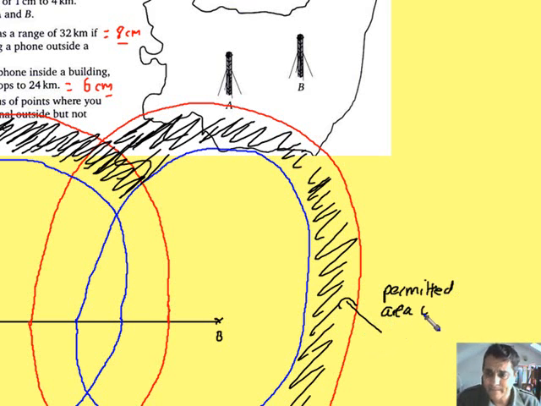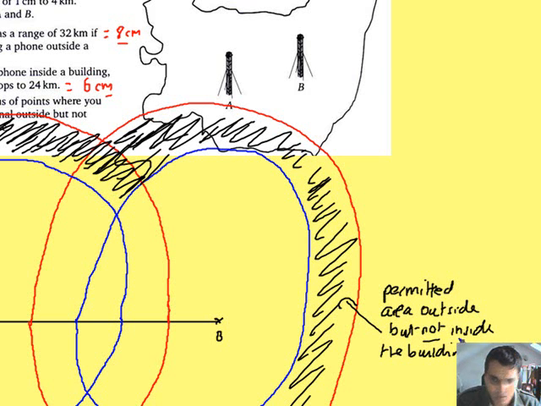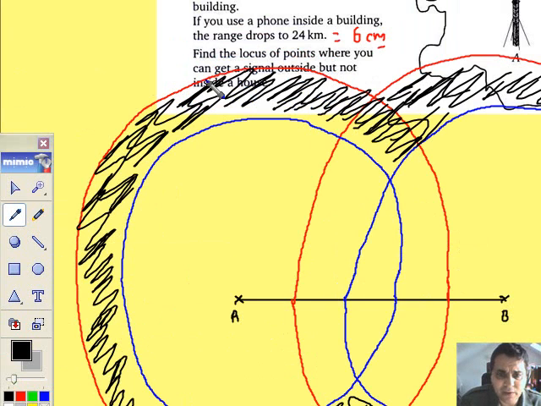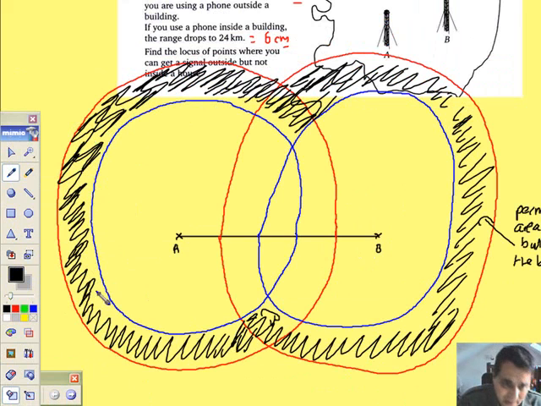So permitted area outside, but not inside the building. Very nice. I'm quite happy with that. And there it is. Find the locus of points where you can get a signal outside but not inside. In other words, that's the area.